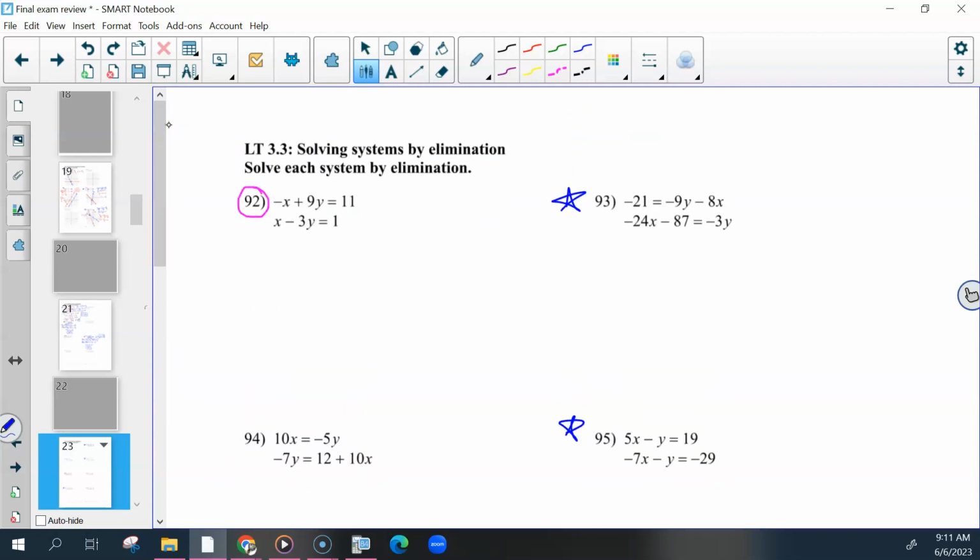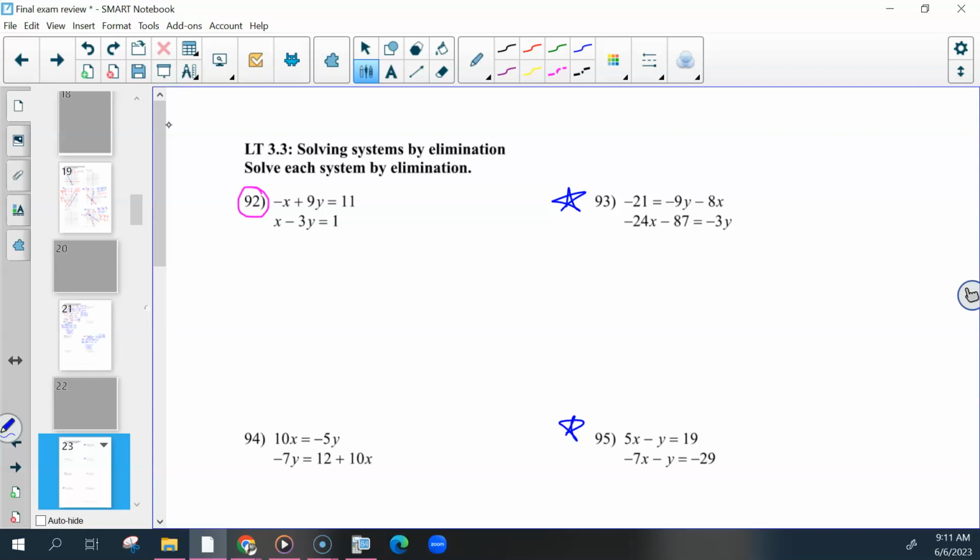So 93, not only do we have to make sure that the coefficients are the same, we also have to make sure they're lined up, because right now they're not. So you have a choice. You can either make the first one look like the bottom one, so move the x over to where negative 21 is, or make the bottom one look like the top one, so move the x over to where the y is.